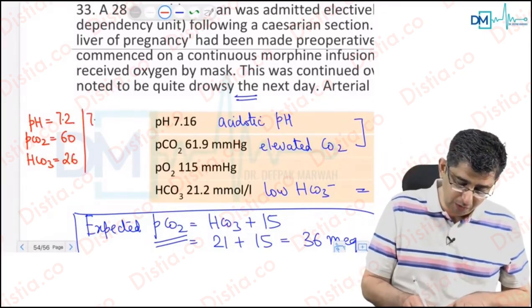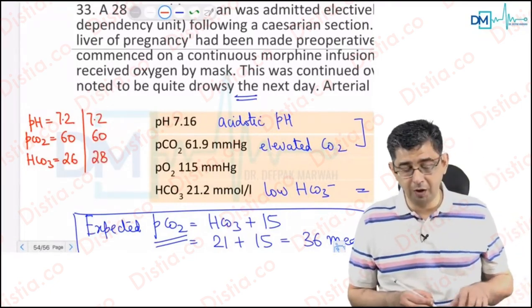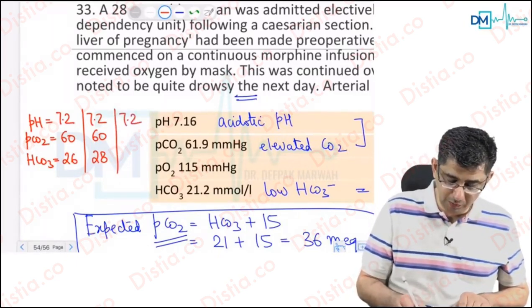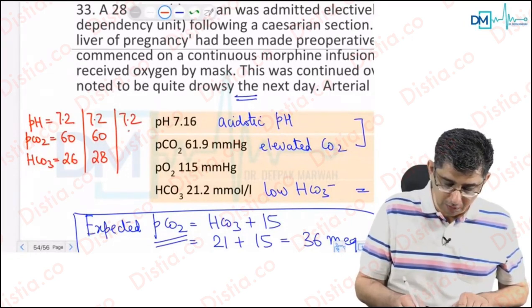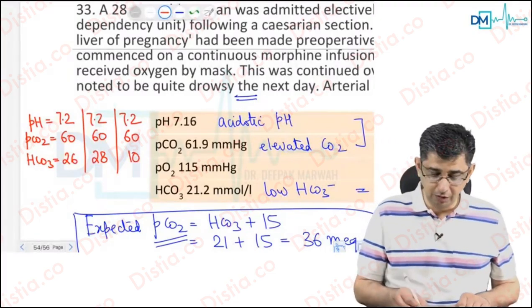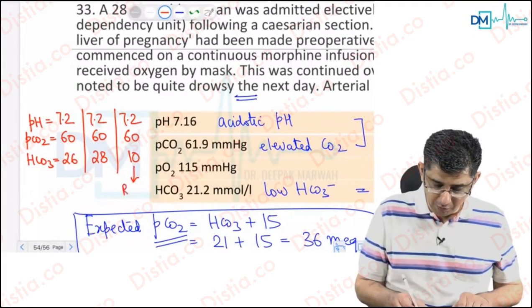Same question, everything kept the same, but there is an increase of bicarbonate, so partially compensated. Look at the next one. In this particular patient, the bicarbonate is only 10. In the last report that I've shown here before you, this will be a combination of respiratory acidosis plus metabolic acidosis.